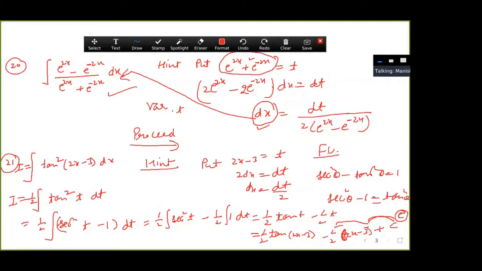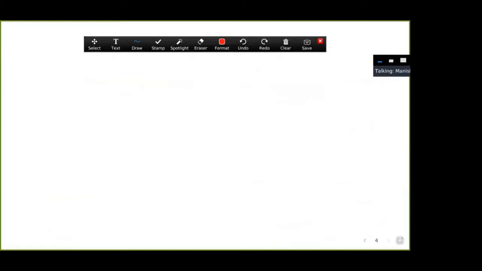Now question number 22. In 22, I have just given a hint to you. The question is integration of secant square (7 minus 4x) dx.